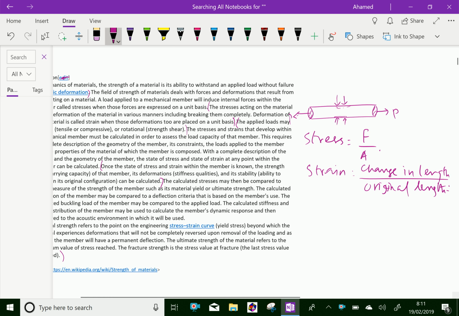Here the unit for stress may be Newton per mm square, Newton per centimeter square. For strain there is no unit, since it is the ratio of the same units, means length over length.